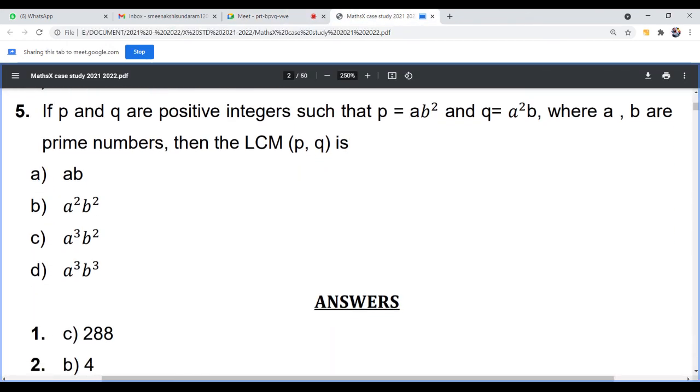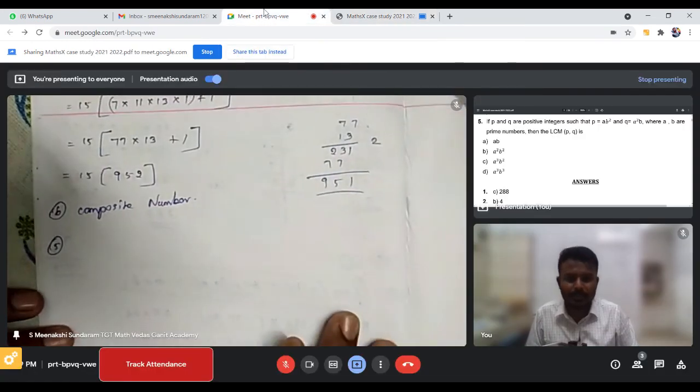In this fifth question, if P and Q are prime integers such that P is equal to A B squared and Q is equal to A squared B, where A and B are prime numbers, then the LCM of P and Q is? Actually, they have given some expressions, right?